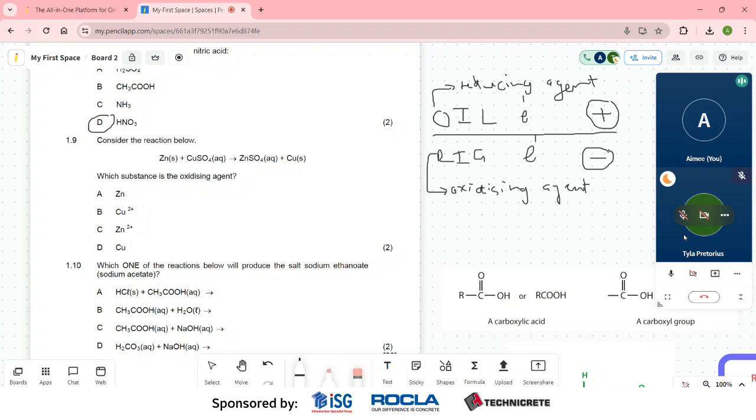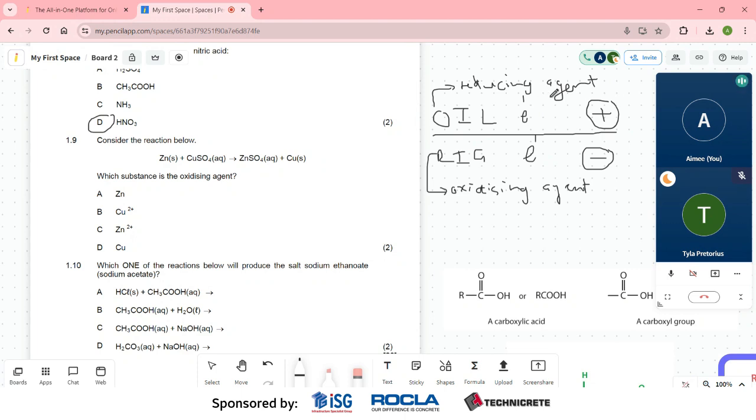If they ask you which substance undergoes oxidation, then you're just looking for the substance that loses electrons and becomes more positive. Okay? But if they use the word agent next to either oxidizing or reducing, it means that you are now looking for the opposite of what that word suggests.